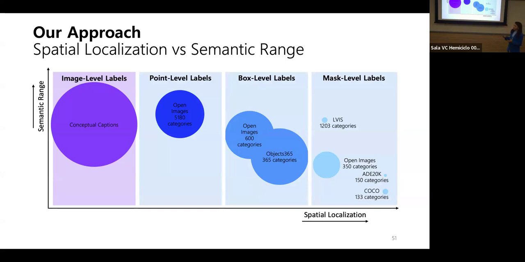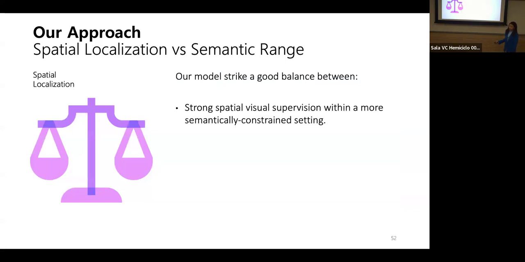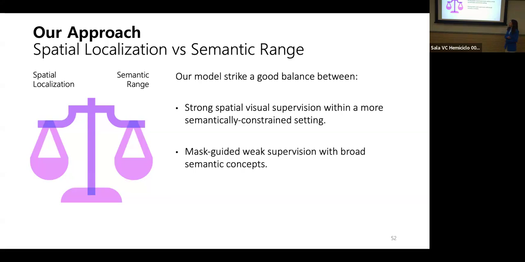However, the concepts in these datasets are restricted. So we want to strike a good balance between both. We want strong spatial visual supervision with semantically constrained settings. We also want to exploit mask-guided supervision with broad semantic concepts from image-level data.